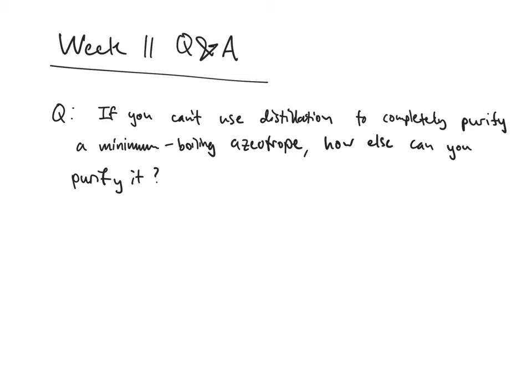For instance, you might mix in another reactant that would allow you to precipitate out one of the components in the mixture. Let me give you a real life example.